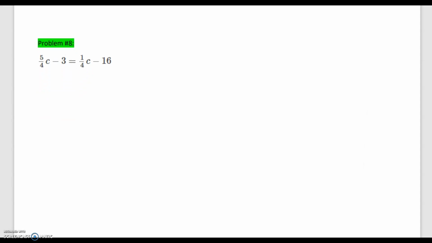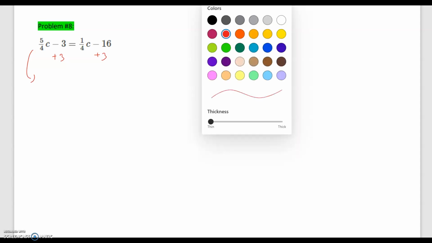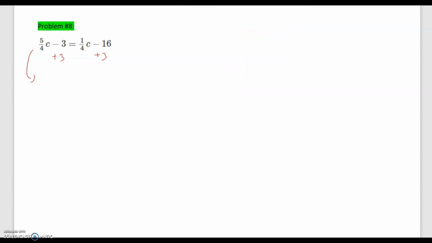In problem 8, we could multiply by the LCD, but I see an integer occurring when we subtract 1/4 from both sides. So let's put the constants on one side first. Let me add the 3 and the 3, and this is going to give us 5/4 c is equal to 1/4 c minus 13, and then we're going to be subtracting 1/4 c.